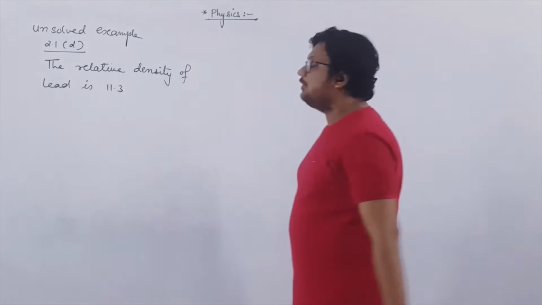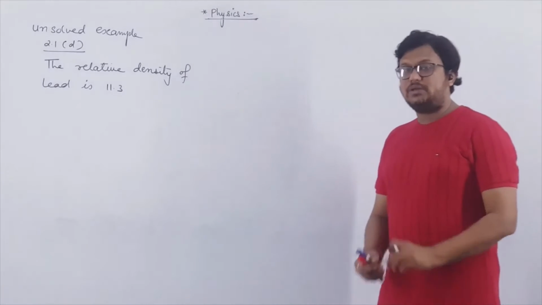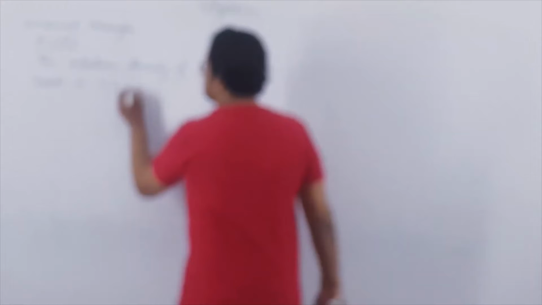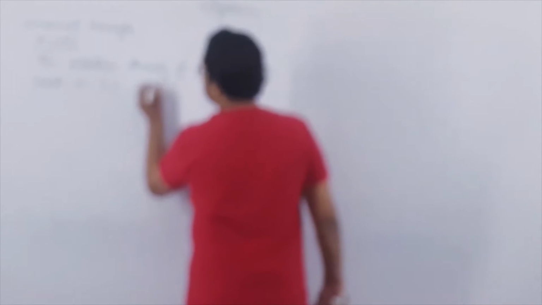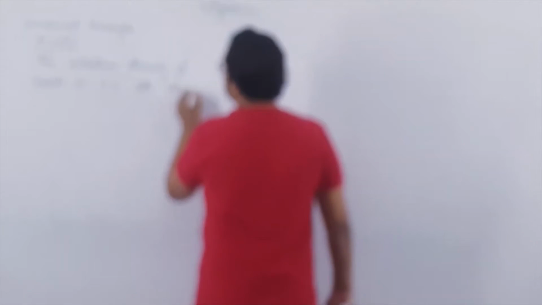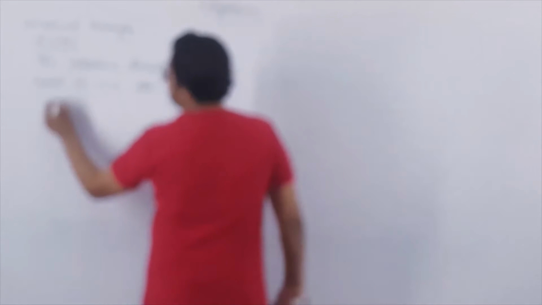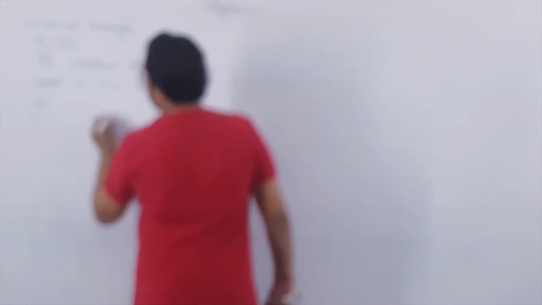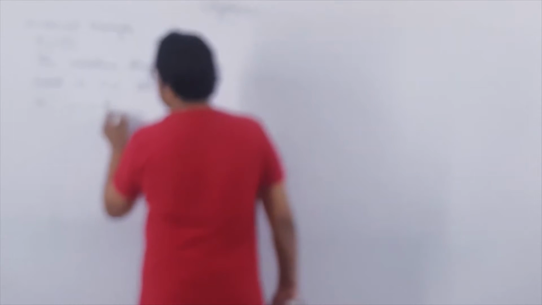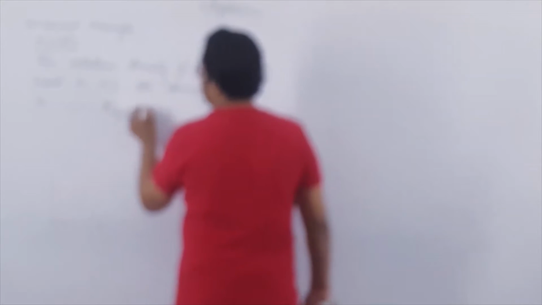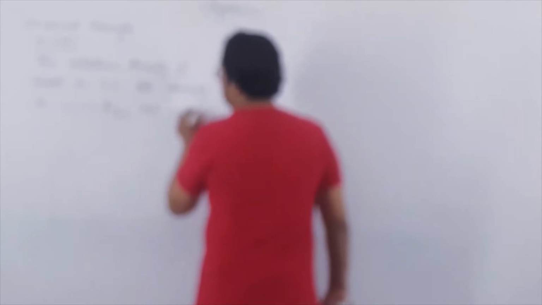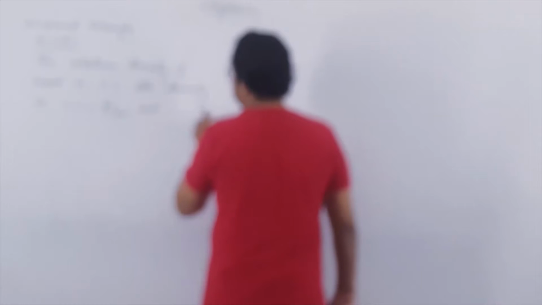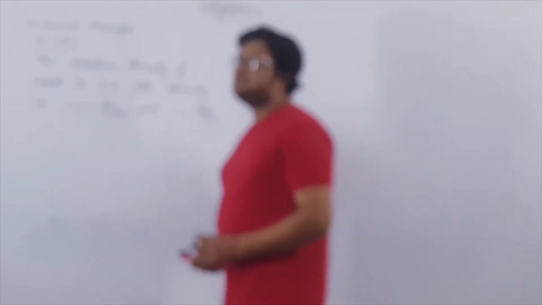Remember, the relative density of lead is 11.3. Its density is blank gram per centimeter cube and blank kg per meter cube. So we have to find its density in gram per centimeter cube and kg per meter cube.